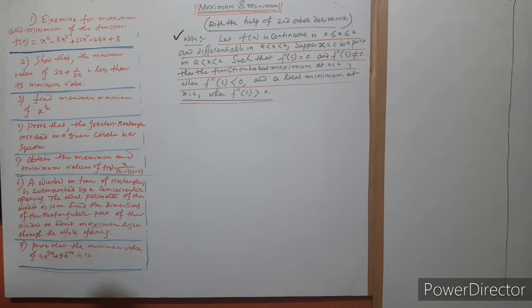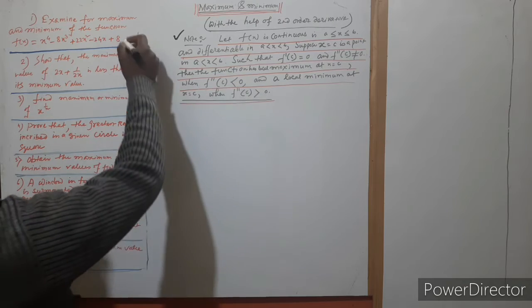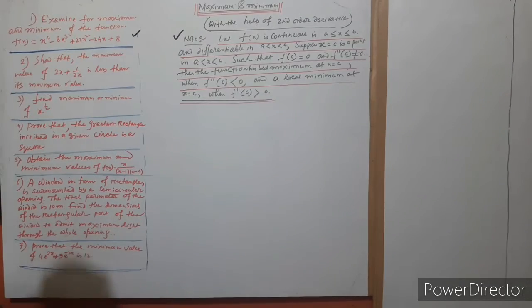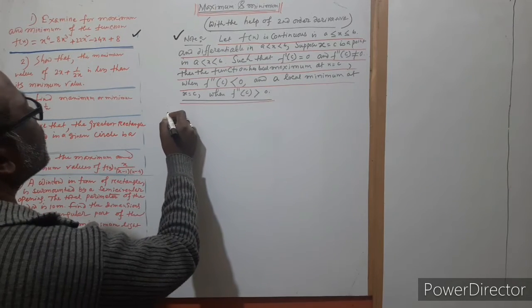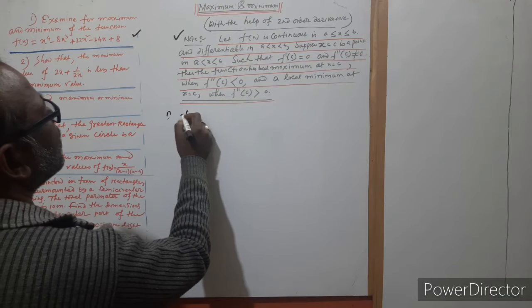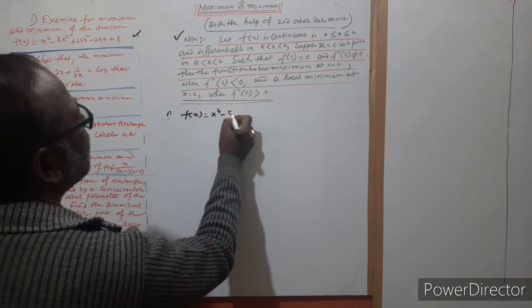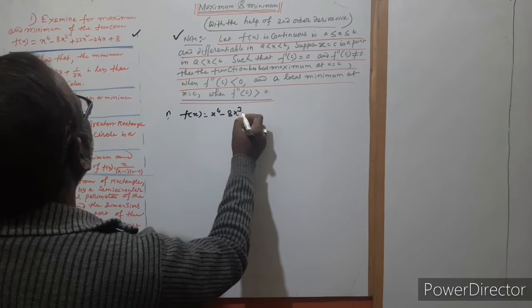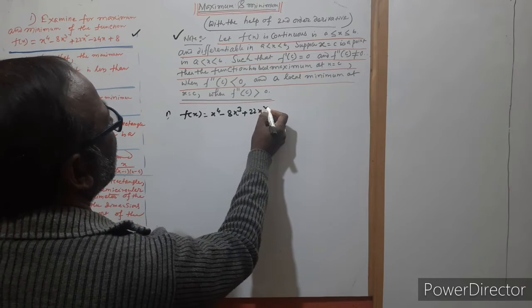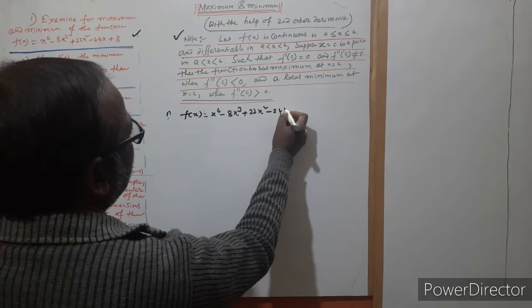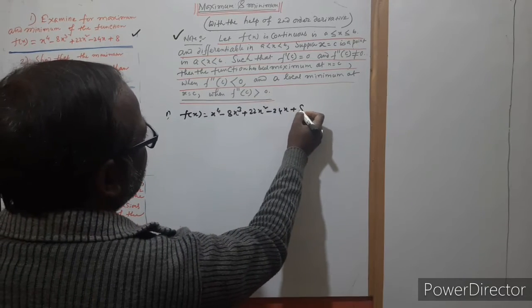For example, we have to follow these rules. This is your function, f of x is equal to x to the power 4 minus 8x cube plus 22x square minus 24x plus 8. So this is the first question. Now f of x is equal to x to the power 4 minus 8x cube plus 22x square minus 24x plus 8.